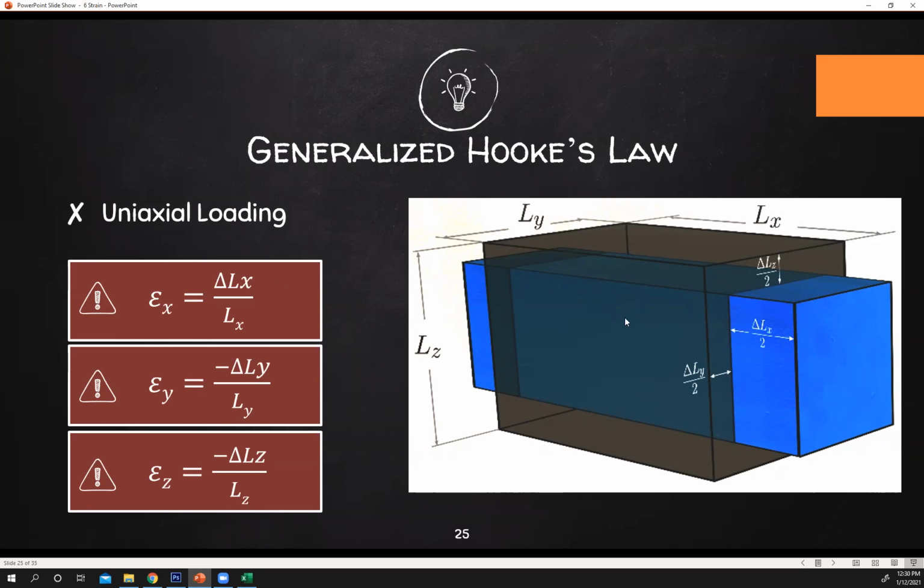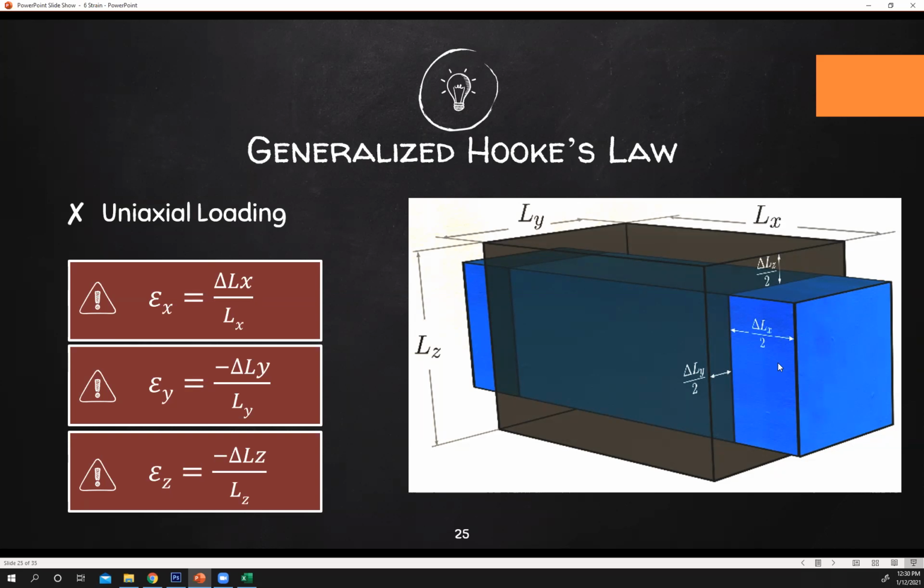So using this figure, there's uniaxial loading, meaning there's only one force acting on your object along one dimension. You're gonna get these equations. So strain equals change in Lx over Lx. Where did that come from? Remember, in one of our first slides, strain is just deformation over original length.